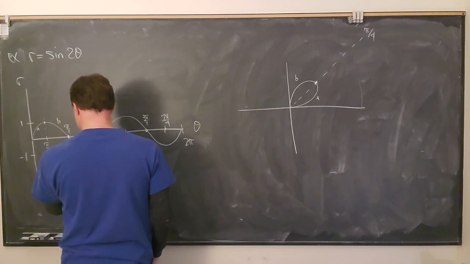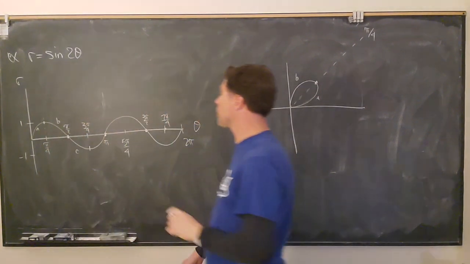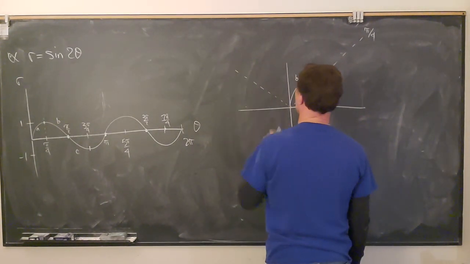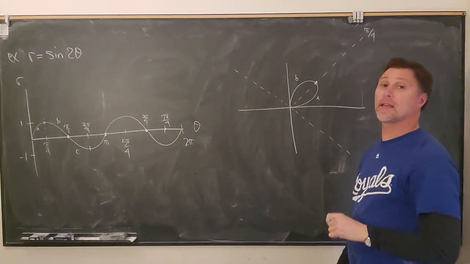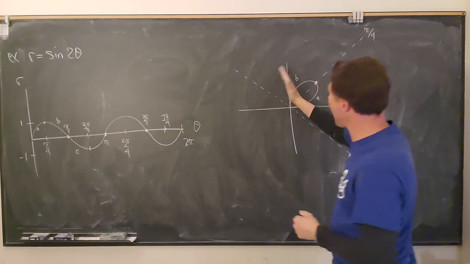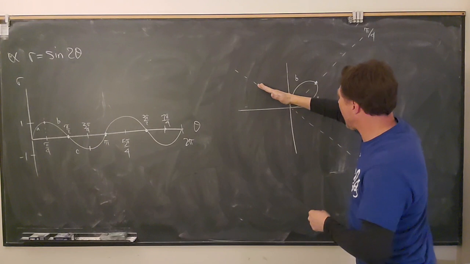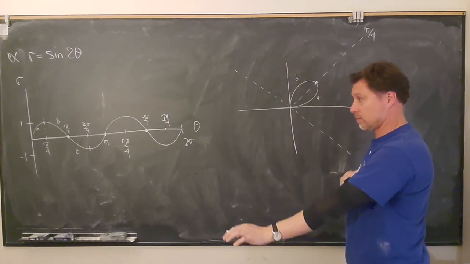All right, now what's happening? So let's label this next segment right here. Let's label that C. We're going from pi over 2 to 3 pi over 4. But notice now we have a negative radius. So as we sweep out the first half of the second quadrant, so this part right here, we will actually be drawing down here because we have a negative radius.